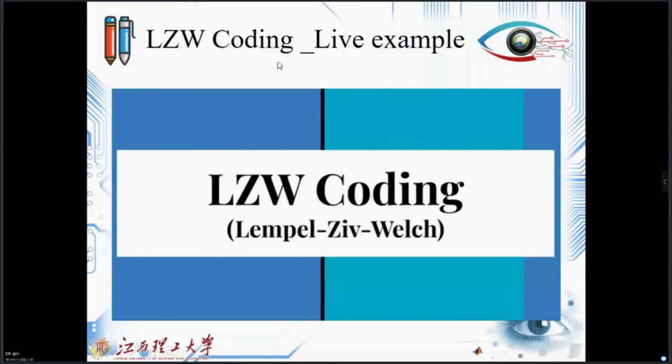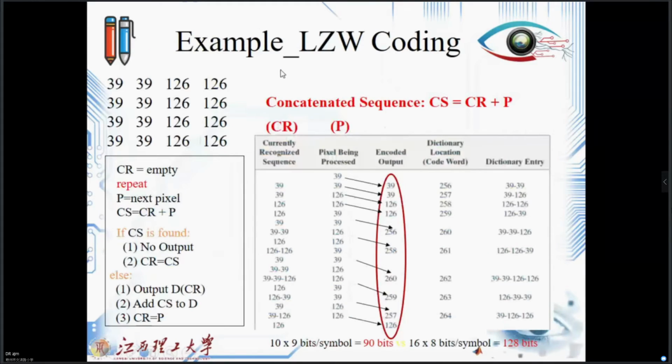Let us continue for more about this LZW. As you will see here, for the previous example that I showed you, we have the matrix of 39, 39, and 126. And then with that, we have the pixel bending, which we can again find in the dictionary.